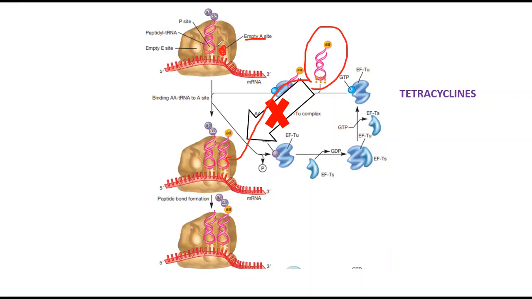So there will be no formation of peptide bonds, no peptide chain, and in simple terms, no protein synthesis. So tetracyclines have a very unique function: they do not allow the loaded transfer RNA to enter the acceptor site of the ribosome. Keep this simple function in your mind.